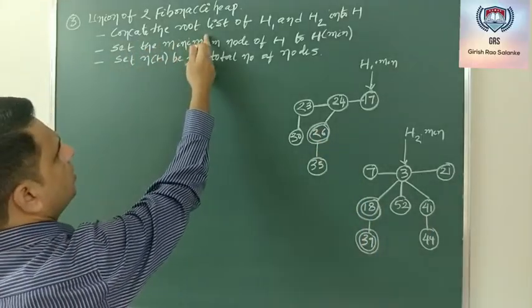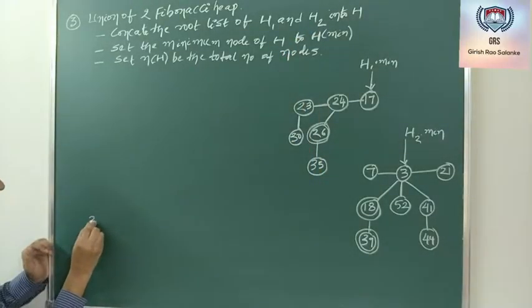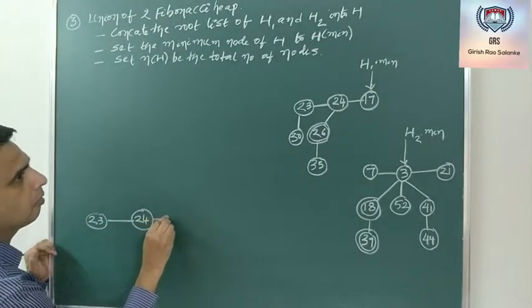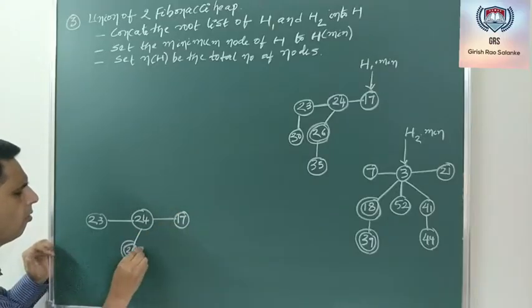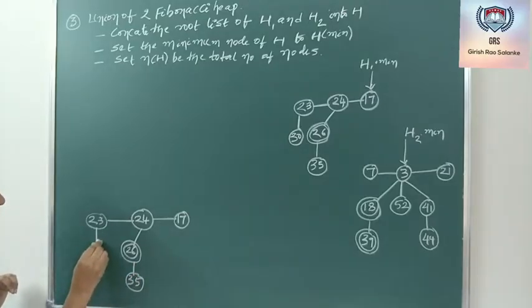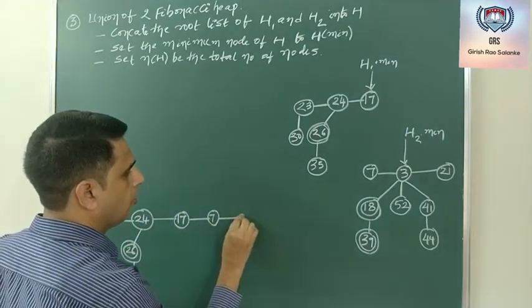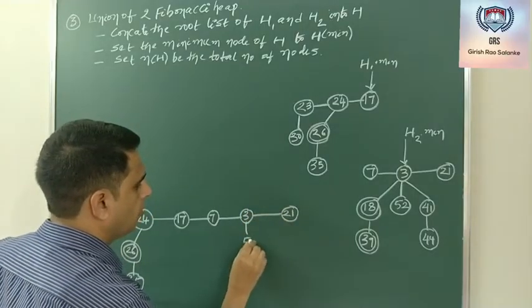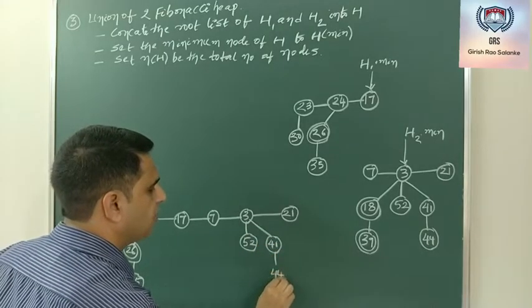So it says concat the root lists of H1 and H2 into H. On concatenating, this is my first Fibonacci heap H1. This is my second Fibonacci heap.